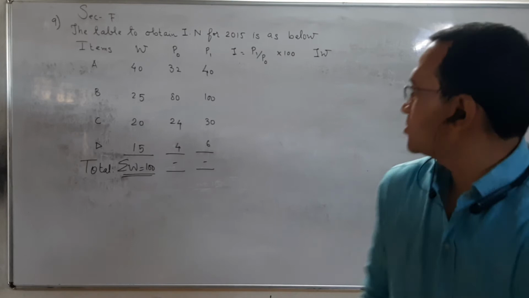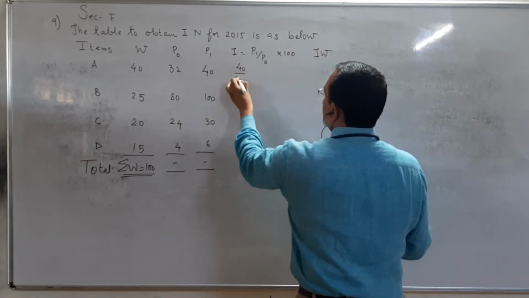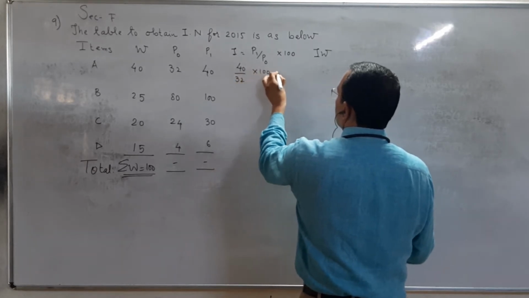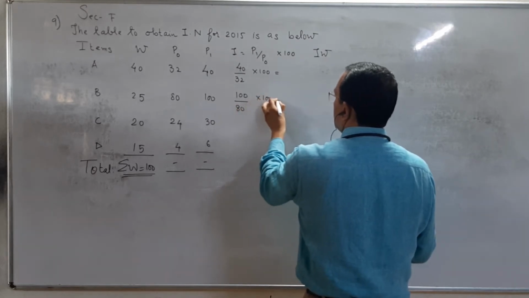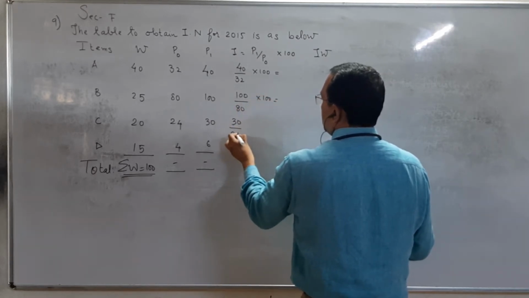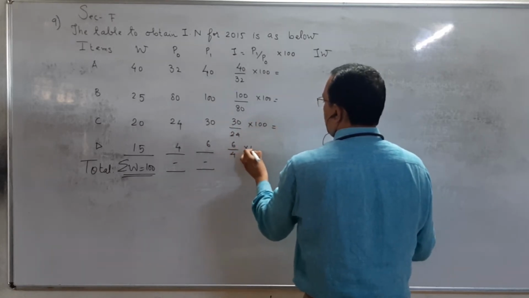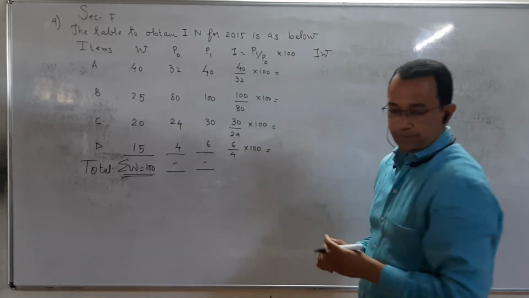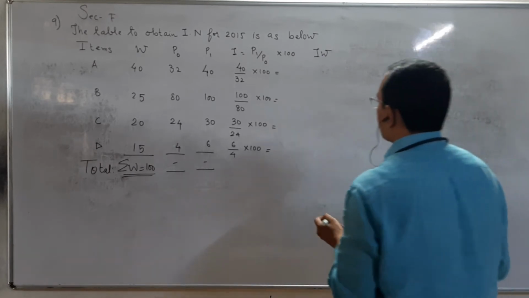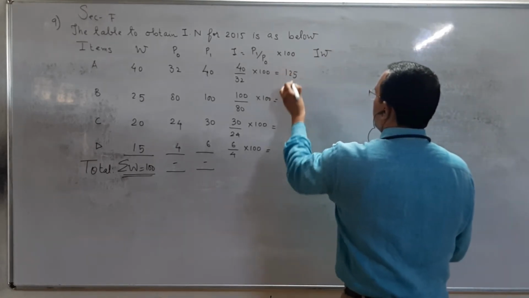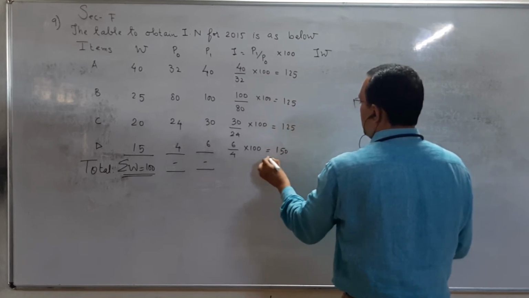So let us first write the index number for item A will be 40 upon 32 into 100, 100 upon 80 into 100, 30 upon 24 into 100, 6 by 4 into 100. So these index numbers are 125, 125, 125 and 150.